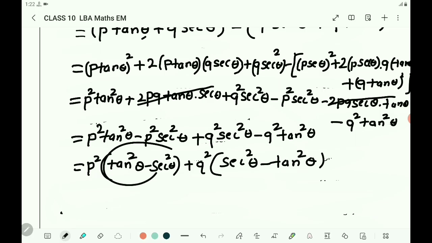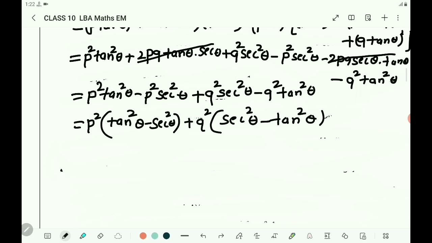Here we have to use the identity. You know that 1 plus tan square theta is secant square theta. So secant square theta minus tan square theta is 1. Here you can write q square into 1 plus q square into 1.